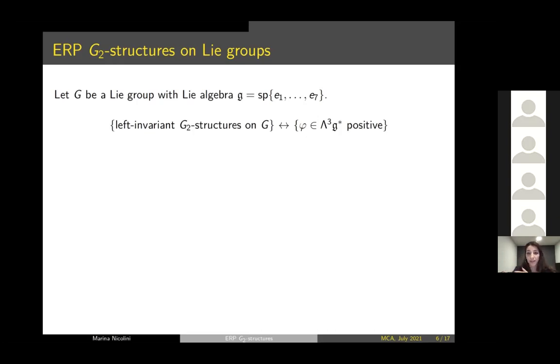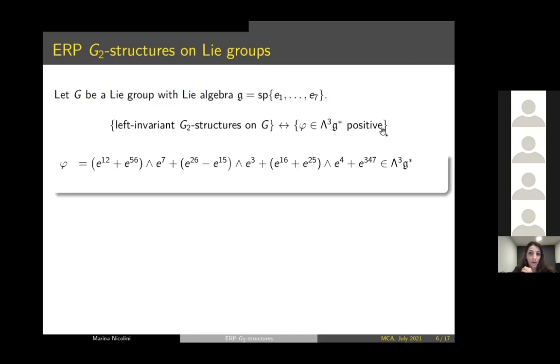The first thing I want to recall is that, since phi is positive, we can write phi as I told you on the second slide. But here I wrote something different. I took the term e347, and on the other six terms, I separate everything that has 7, 3, or 4 from what has not.